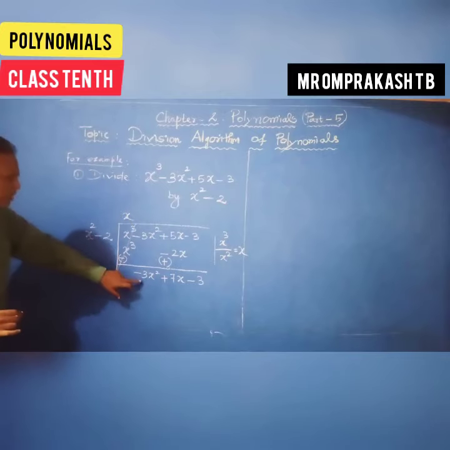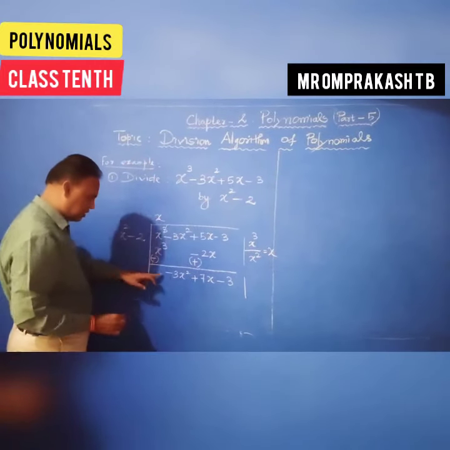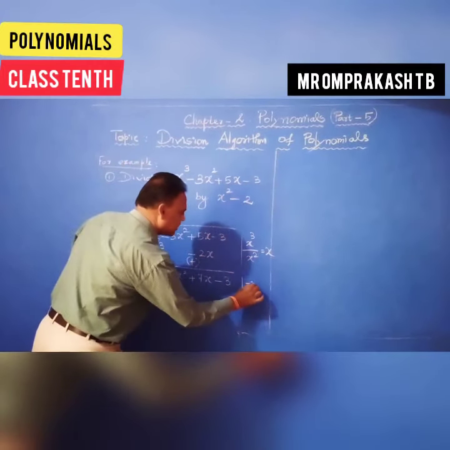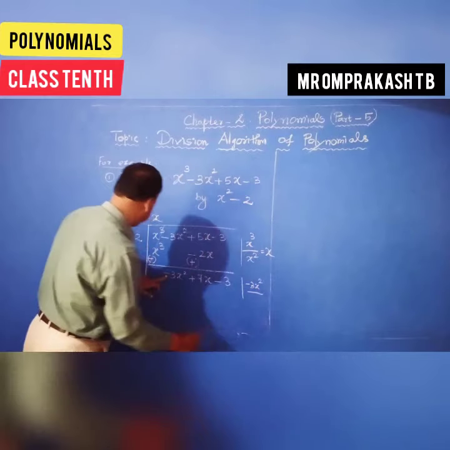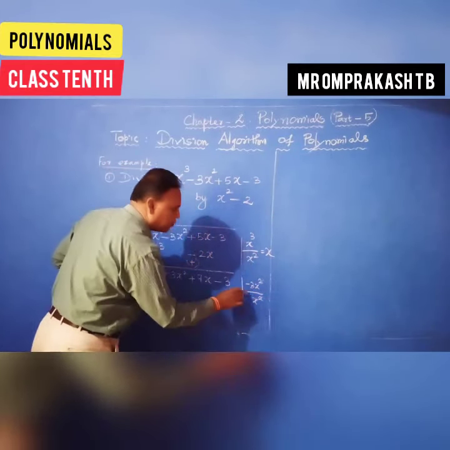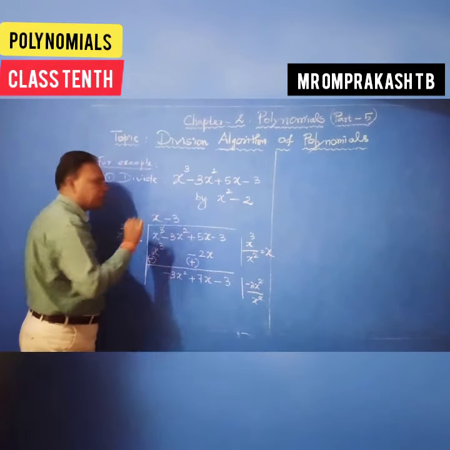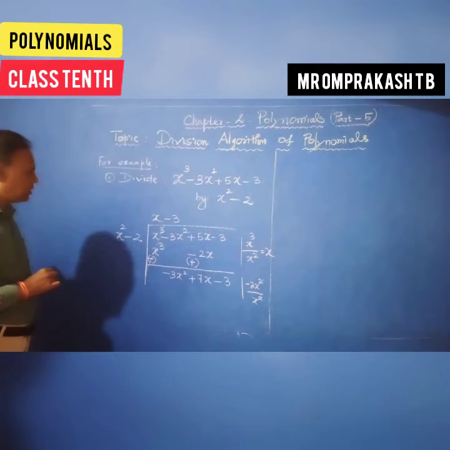Now again, this first term and this first term you have to divide. You will get again a quotient term: minus 3x squared by x squared. So x squared cancels. What will you get? Minus 3. In the quotient you add minus 3.